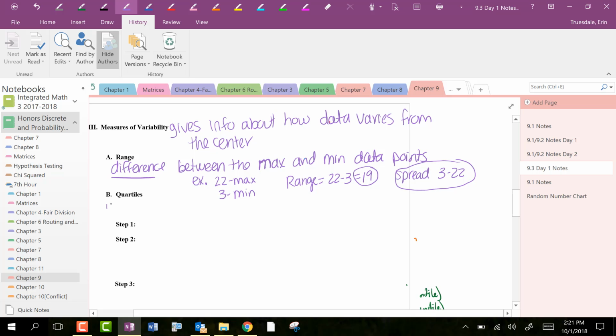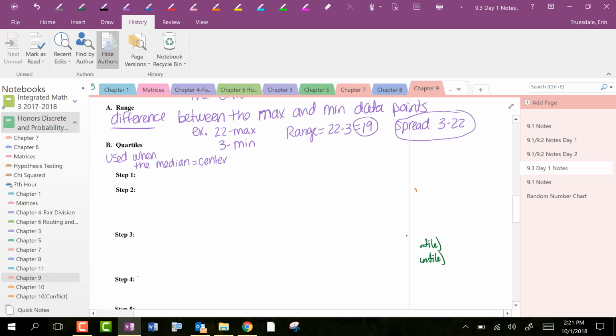Okay, quartiles. It's used when the median is the center. And there are lots of steps. Step 1, we arrange the data in ascending order, ascending meaning smallest to largest.